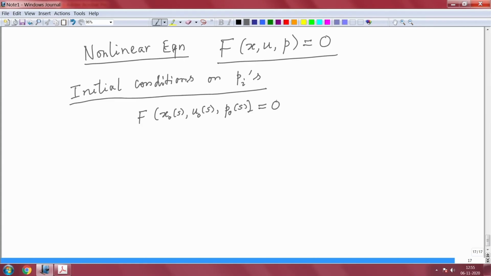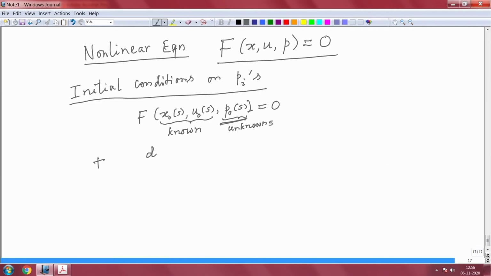So, you should remember, these are known, these are unknowns. We are making an assumption that these functions exist, so that this equation is satisfied, plus the strip condition, that is also important.